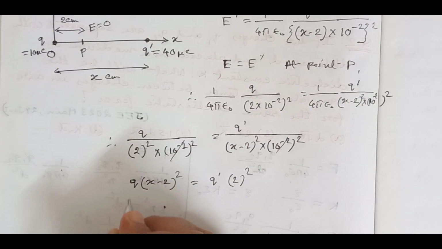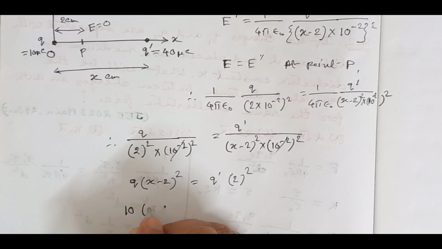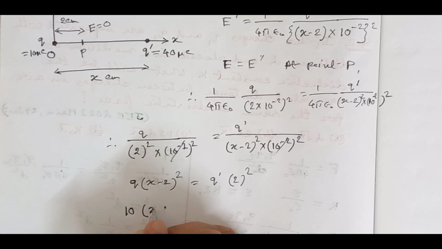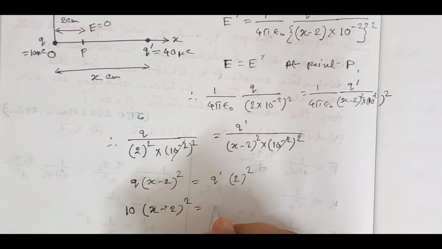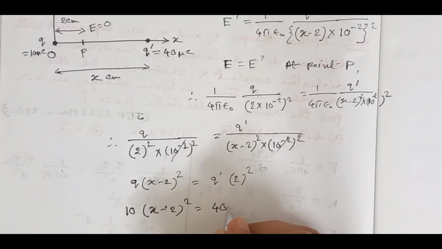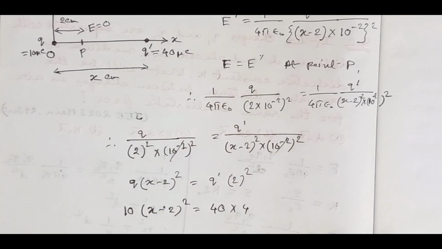Here q is 10 microcoulomb into x minus 2 whole square, and q prime is 40 microcoulomb, and 2 square is 4.